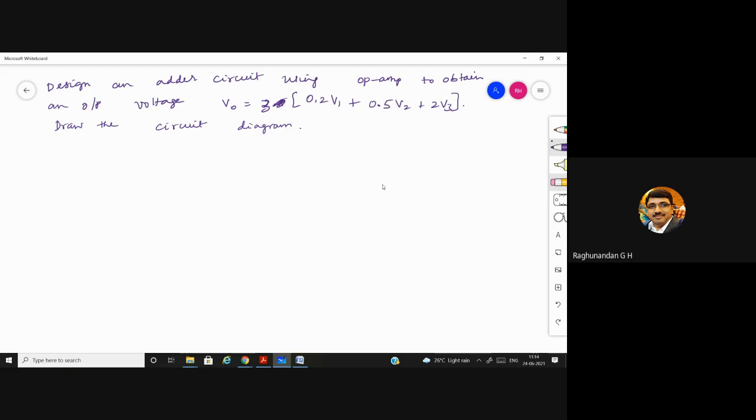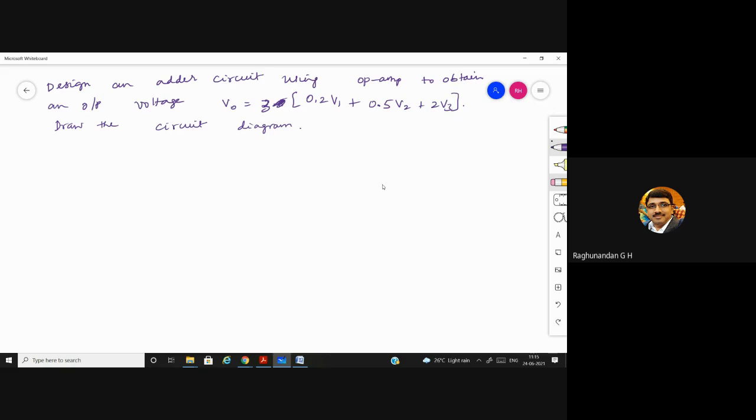In the non-inverting adder the procedure is long. You need to find the effective voltage, then apply it to the virtual ground, and from that virtual ground concept the procedure starts again. So always prefer the inverting adder because it is very easy and you can directly apply the formula.